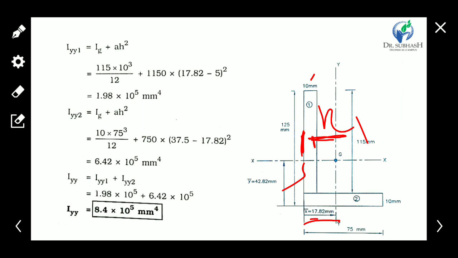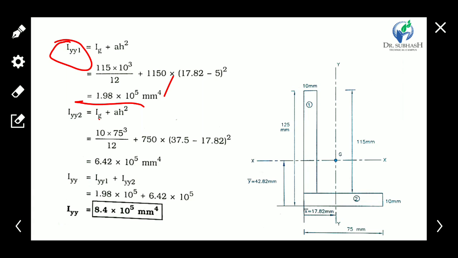So 17.82 minus 5. So get the value of h, meaning the distance of y to CG of the first element. Clear? Now we have all values, so we easily get the value of Iyy1 as 1.98 into 10 raised to 5 mm raised to 4.